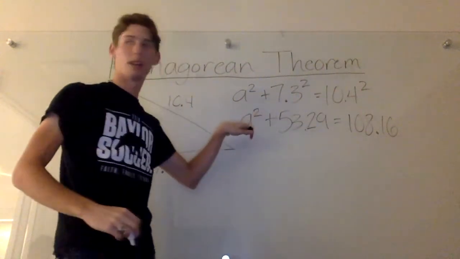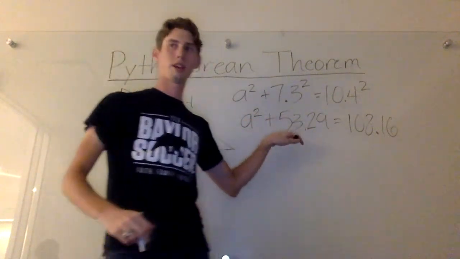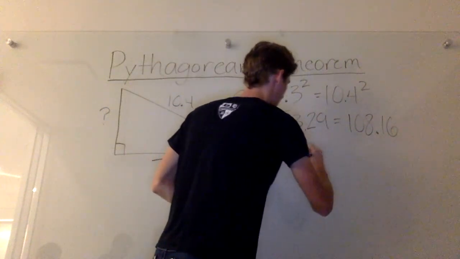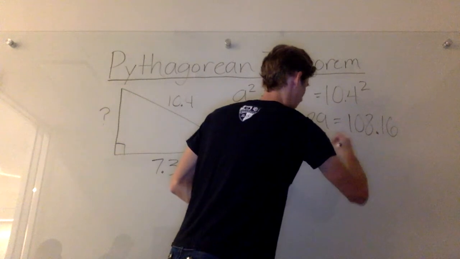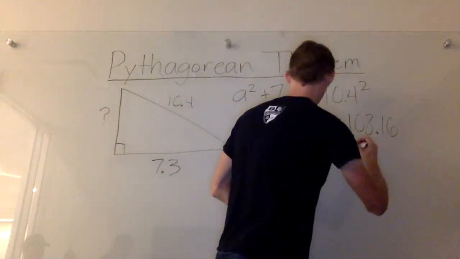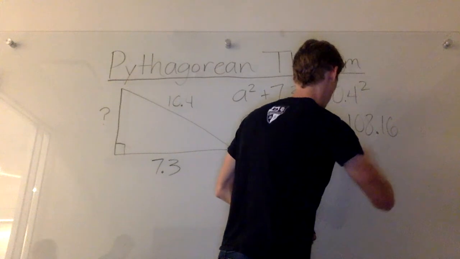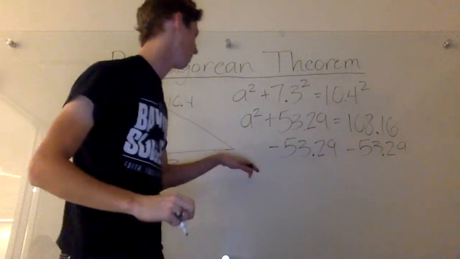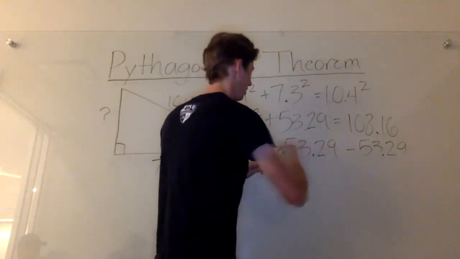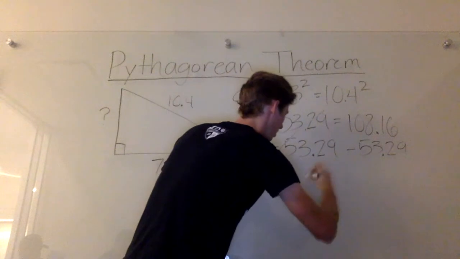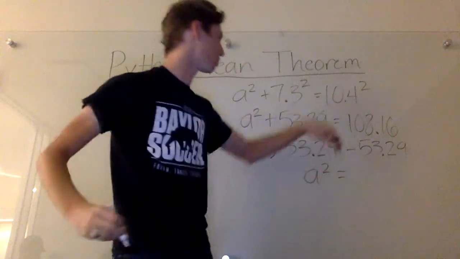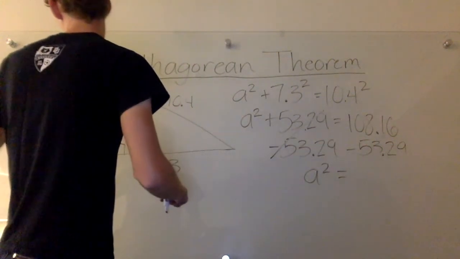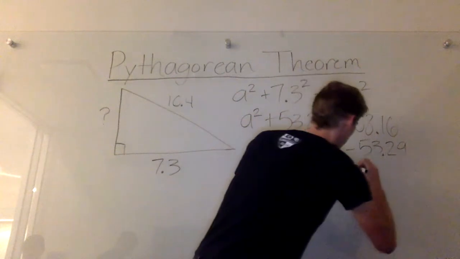Now, to get a squared by itself, we need to get rid of anything attached to it, which is this 53.29. So you guessed it, we're going to subtract it from both sides. So it cancels out over here, and you just end up with a squared equals 108.16 minus 53.29, which gave me 54.87.